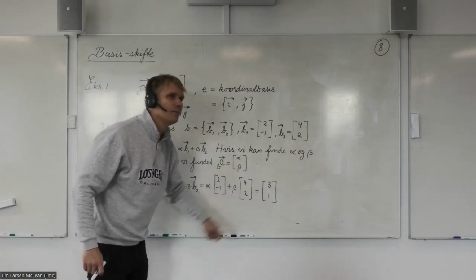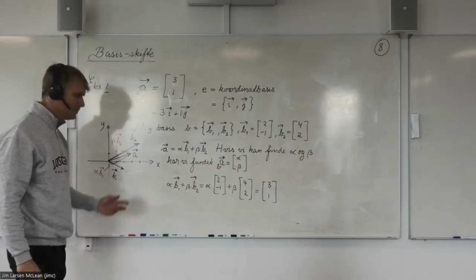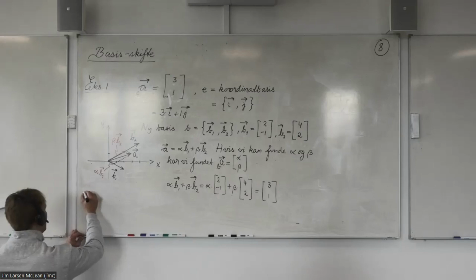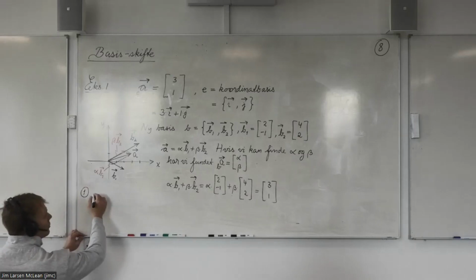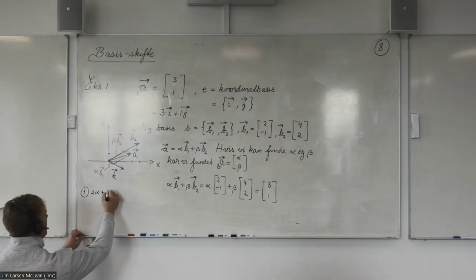And that is a system of equations: two equations with two unknowns. We can just write them down over here. Here is equation 1: 2 times alpha plus 4 beta should give 3.